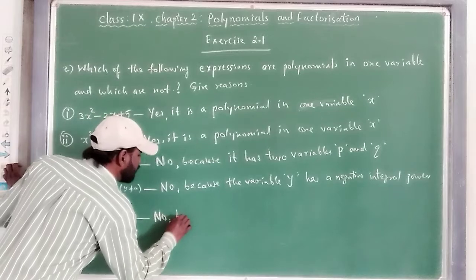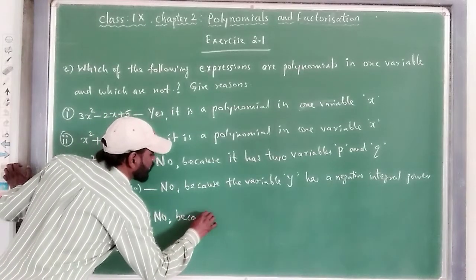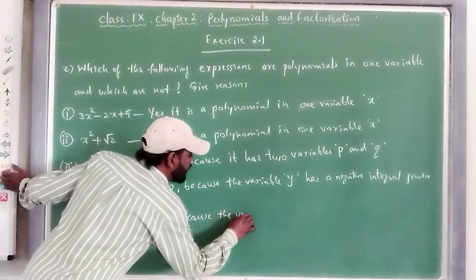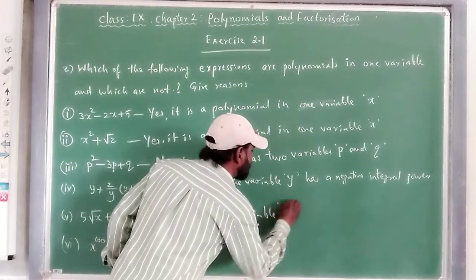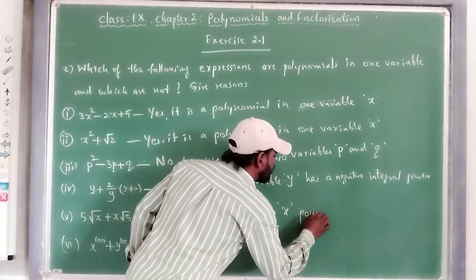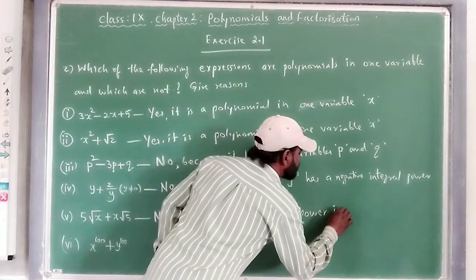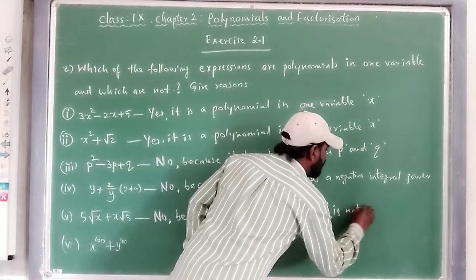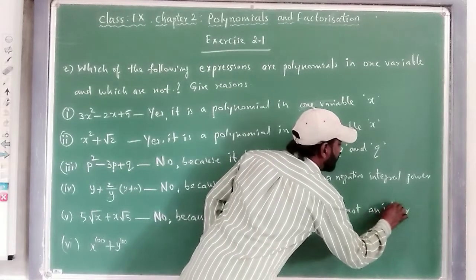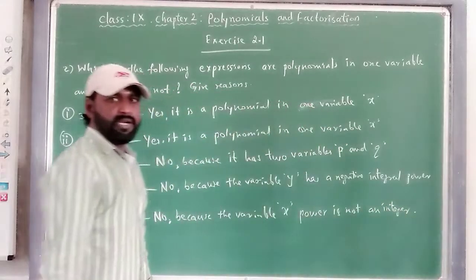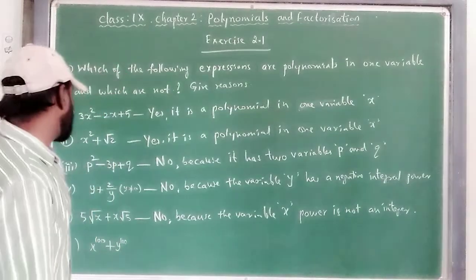No, because the variable x power is not an integer. It is a rational number. 1 by 2 is a rational number actually. It is not an integer.